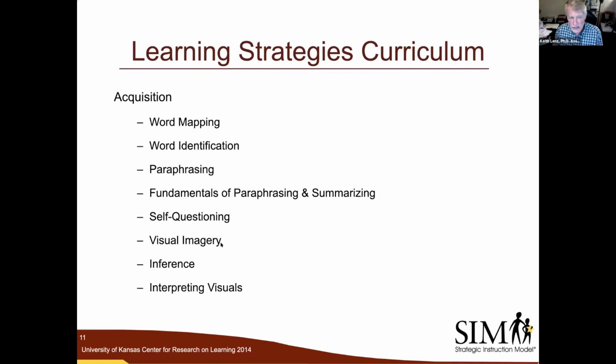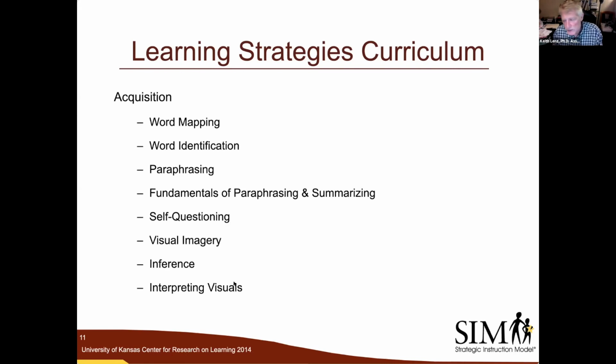And so self-questioning, visual imagery, interpreting visuals, inferencing help with those students who are decoding but aren't comprehending. One of the characteristics of students who have dyslexia is that once they learn how to decode and are fluent, their underlying problems in reading shift to comprehension.